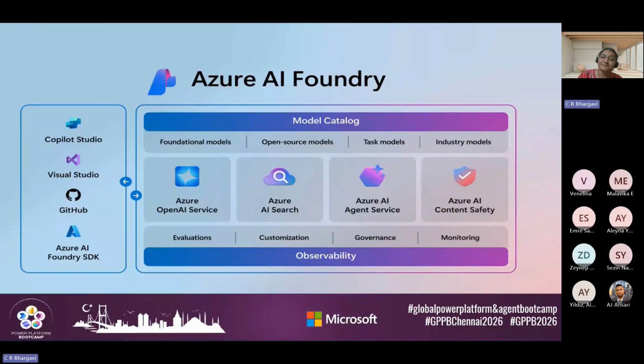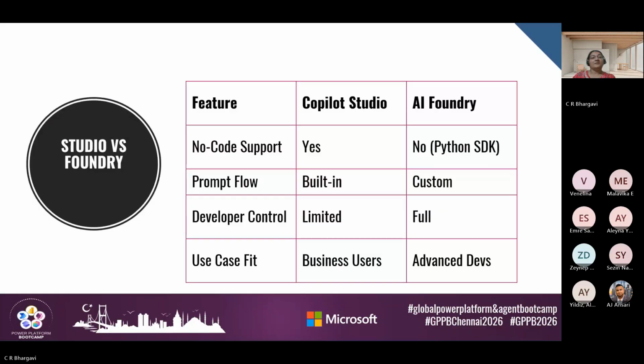You can add knowledge and connect your tools and other things, where it's one place where you can do everything, which is what the Azure AI Foundry does for us. Now, AI Foundry also does the same thing as Copilot Studio. We want to know the difference between AI Foundry and Copilot Studio in order to proceed, right?